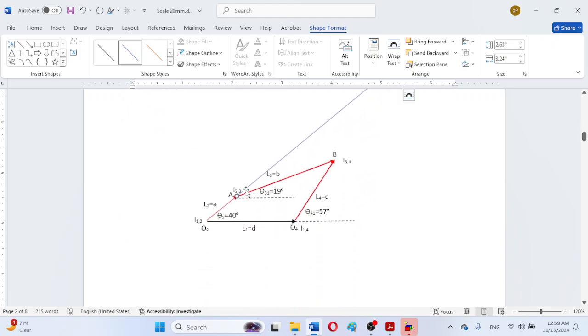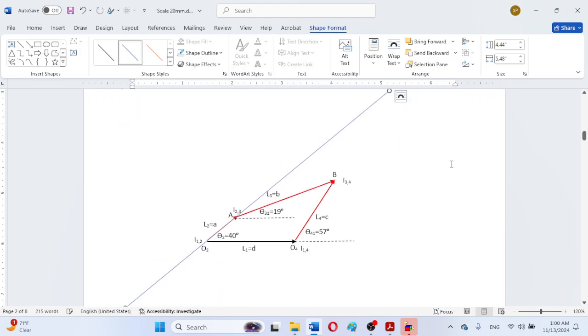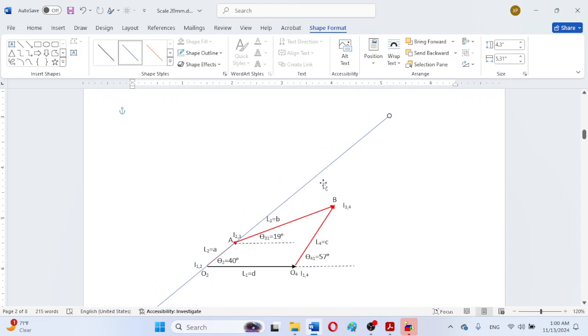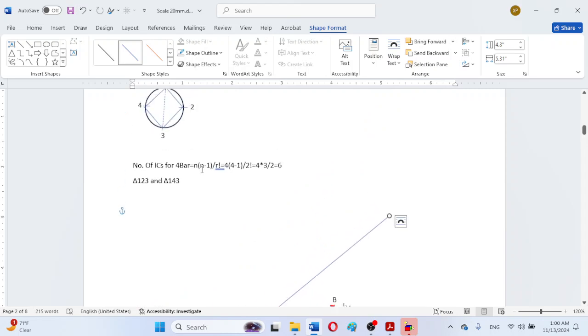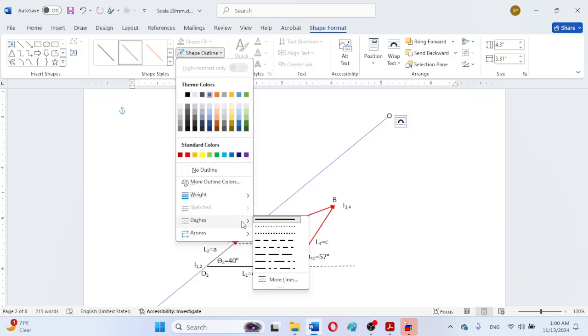That line can be extended in this orientation or that orientation, in any direction. So the third instant center will also be located on this line. Again we can make this line dashed, because this is just a reference line here.